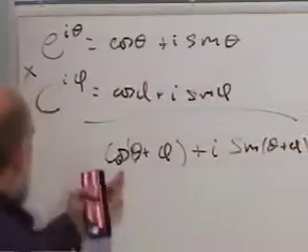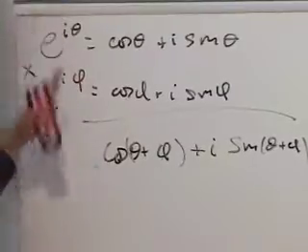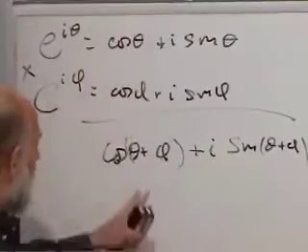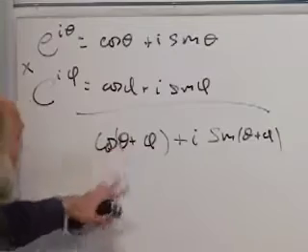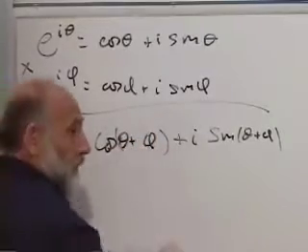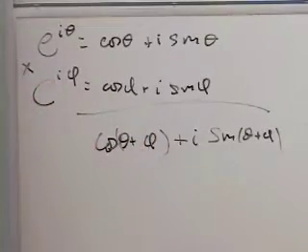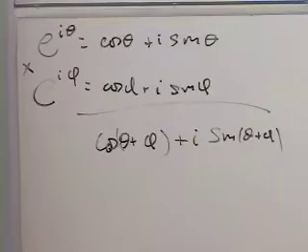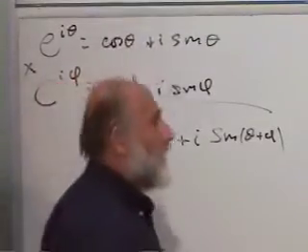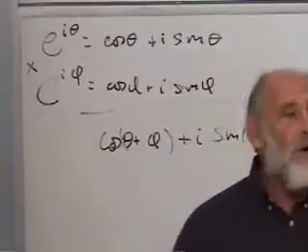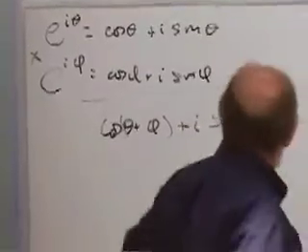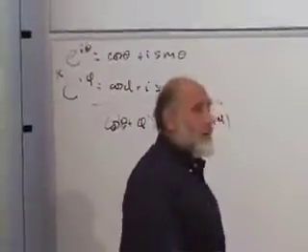So by definition, this is just e to the i (theta plus phi). So from elementary trigonometry, we discover that this combination, cosine theta plus i sine theta, has all of the properties of the exponential of i theta.